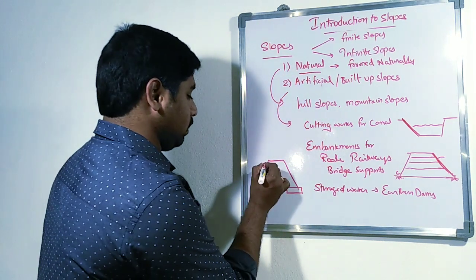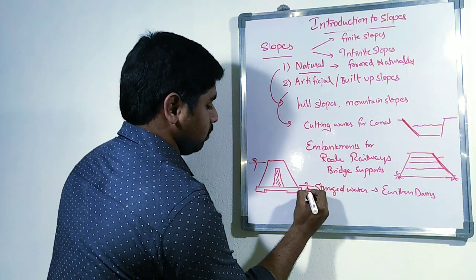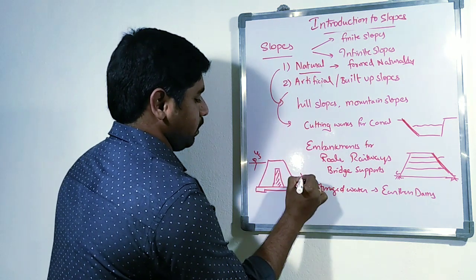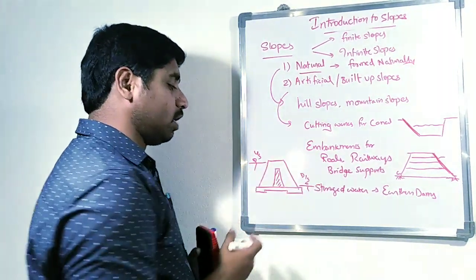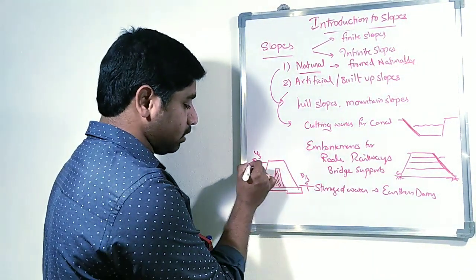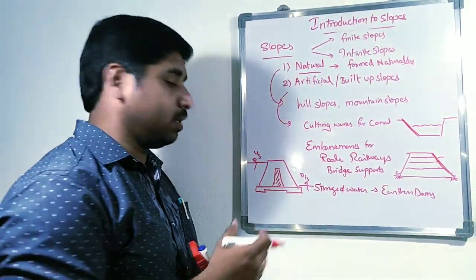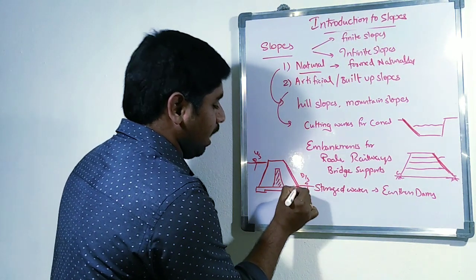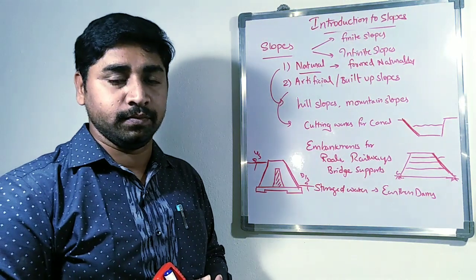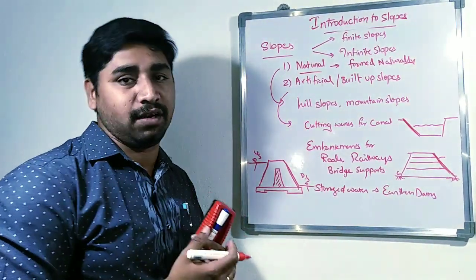So this is the earthen dam, the upstream side, and this is the downstream side. In order to store water at the back of the dam, we will be constructing earthen dams, where we will again have artificial slopes. So all these are about natural slopes and artificial slopes.